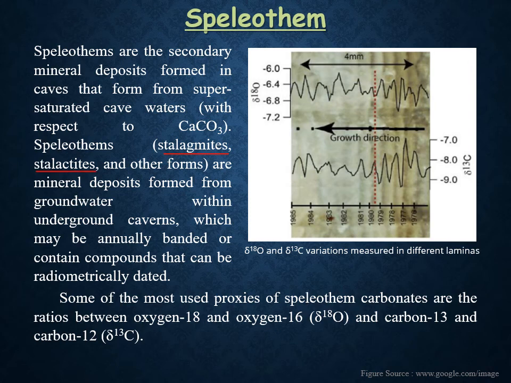These mineral deposits are essentially carbonates, and the carbonates deposited in the caves are controlled by biological soil productivity associated with the vegetation type, which regulates the soil carbon dioxide content.